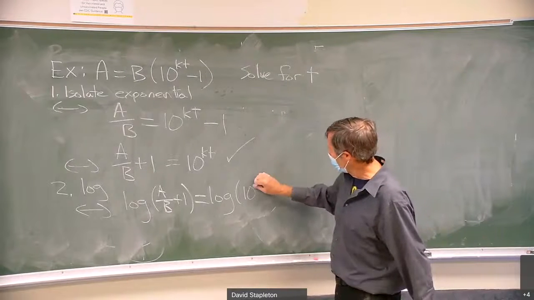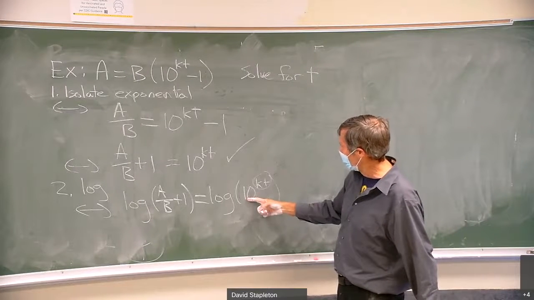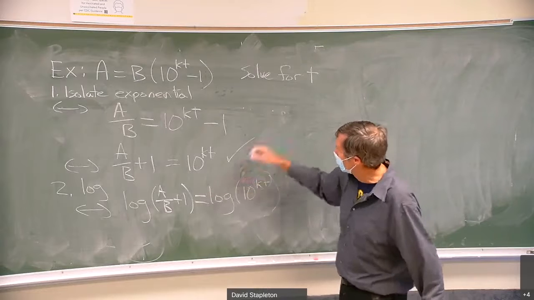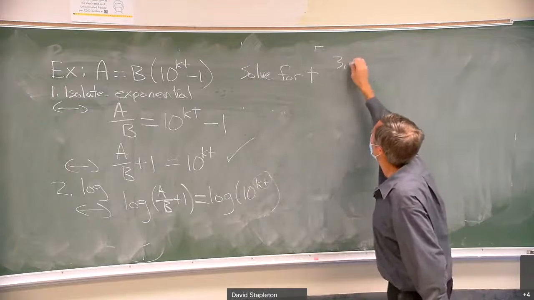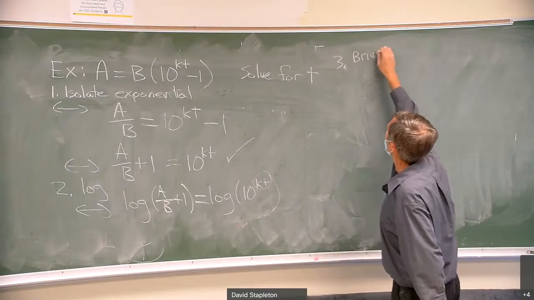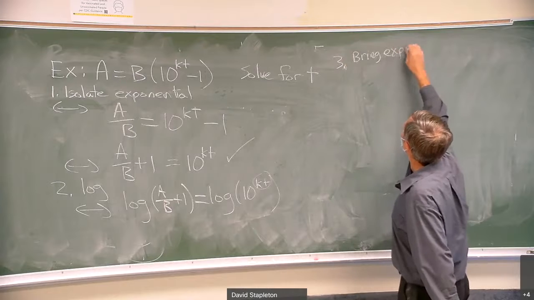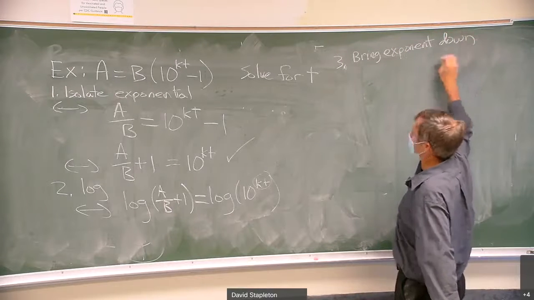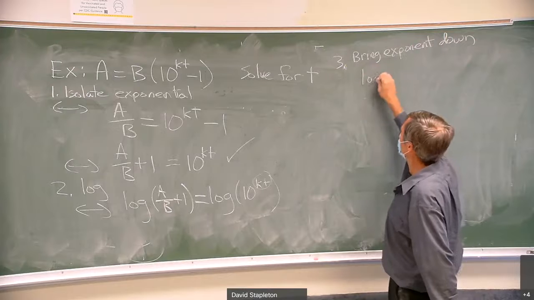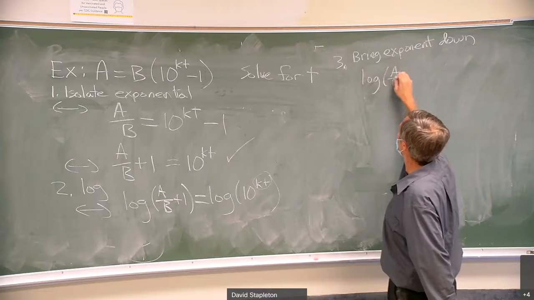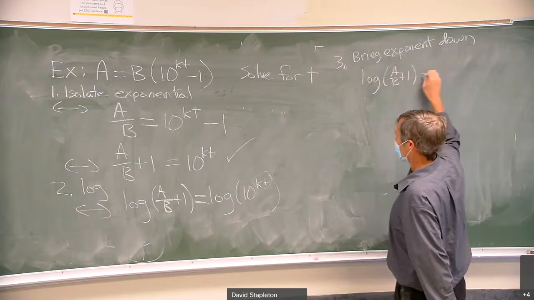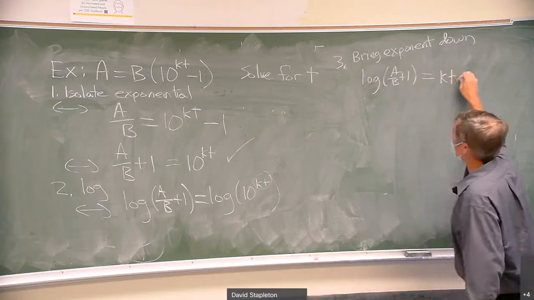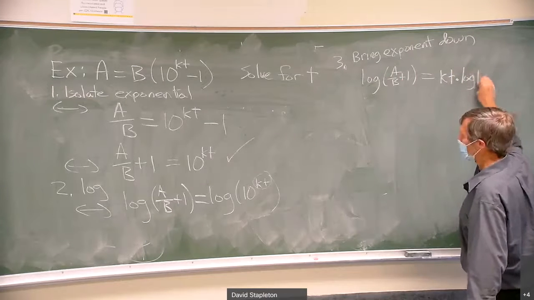It's 10 to the KT. If I think of this as log of x to the k is k log x, the exponent comes down. So step 3, bring the exponent down to multiply. That's our property of logarithms. That always works. The left stays the same: log of A over B plus 1 equals KT times the log of 10.